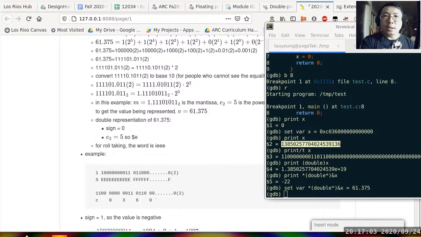So E, which is the biased version of 5, is just E2 plus 1023, which is 5 plus 1023, which is 1028. Okay, so are we doing okay so far with these concepts?